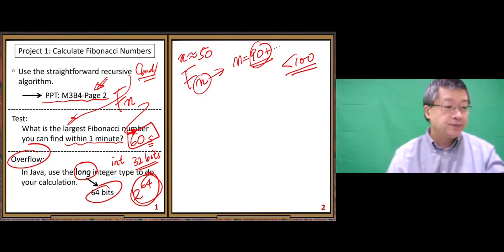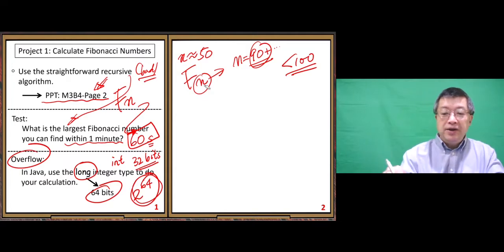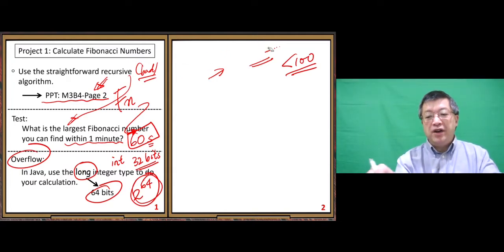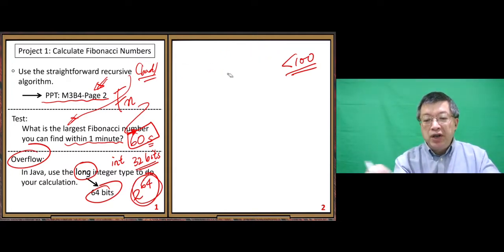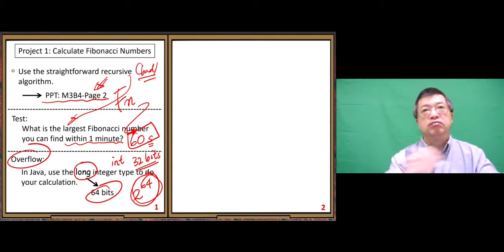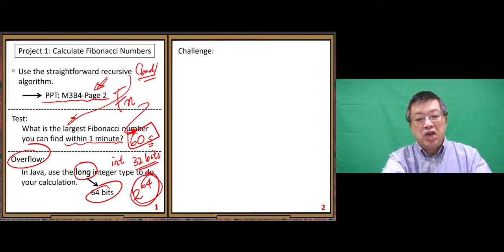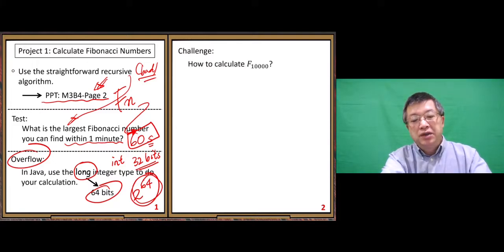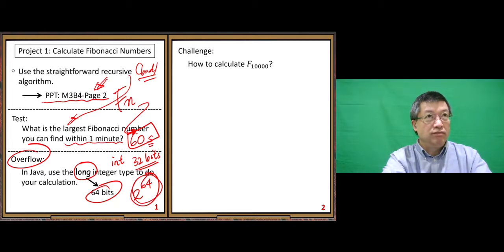Next, we want to find a better solution to completely solve this problem. The challenge question: how to calculate Fibonacci of 10,000? Not just 100, 10,000. How much bigger?